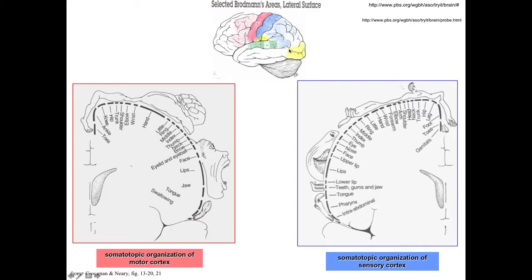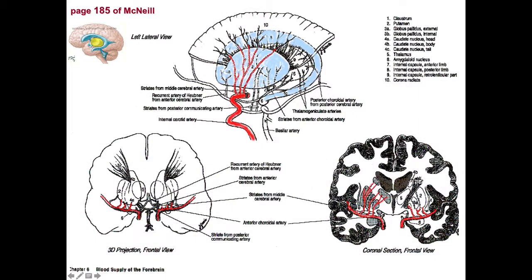The major idea is that if you cut off that middle cerebral artery, you're going to see damage to motor function and sensory function in the cerebral cortex. So, okay, what else comes off of that middle cerebral artery? Interestingly, there are also some deep nuclei that are perfused by the middle cerebral artery.